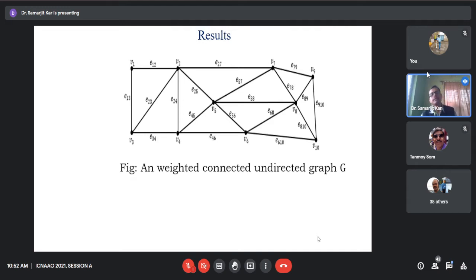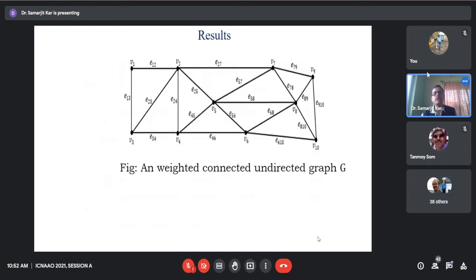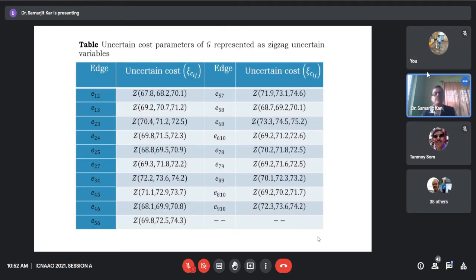So this is a simple weighted connected network having 10 vertices and I think 16 edges. For this network, we are considering two different edge weights. One represents the corresponding cost and the other represents the corresponding time. So these are uncertain cost parameters.